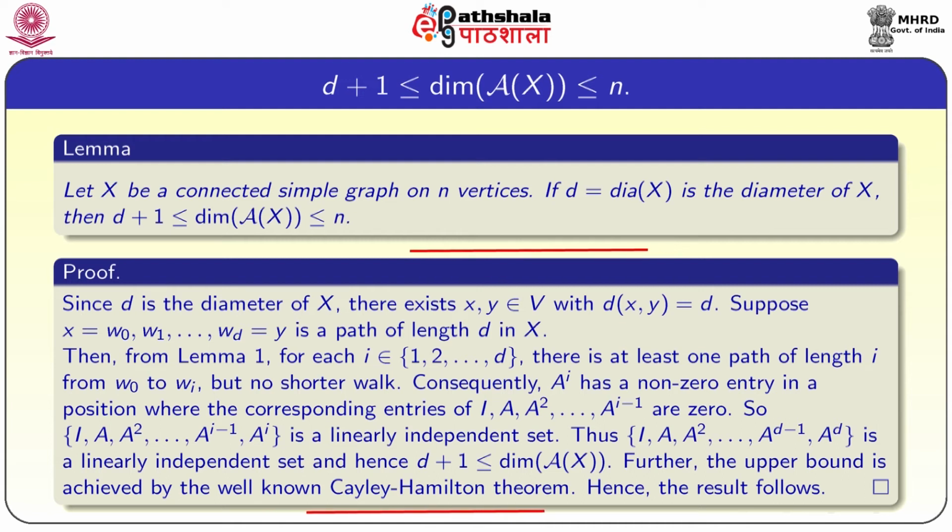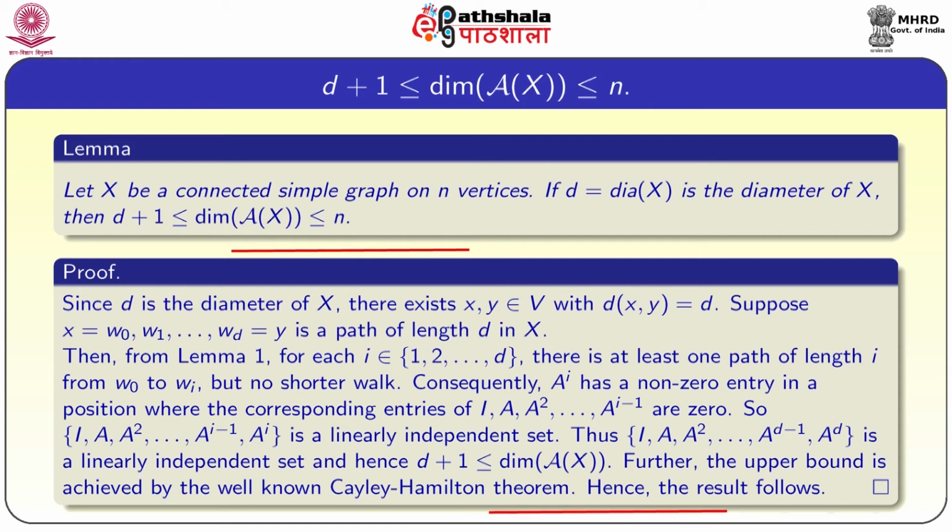Consequently, A^i has a non-zero entry in a position where the corresponding entries of I, A, A squared, and so on, A^(i-1) are 0. So, I, A, A squared, and so on, A^(i-1), A^i is a linearly independent set.